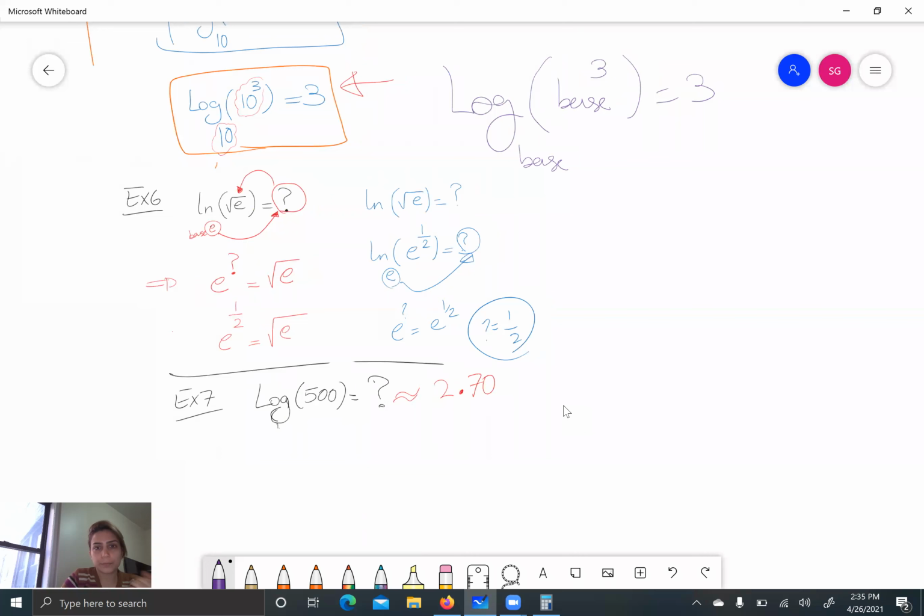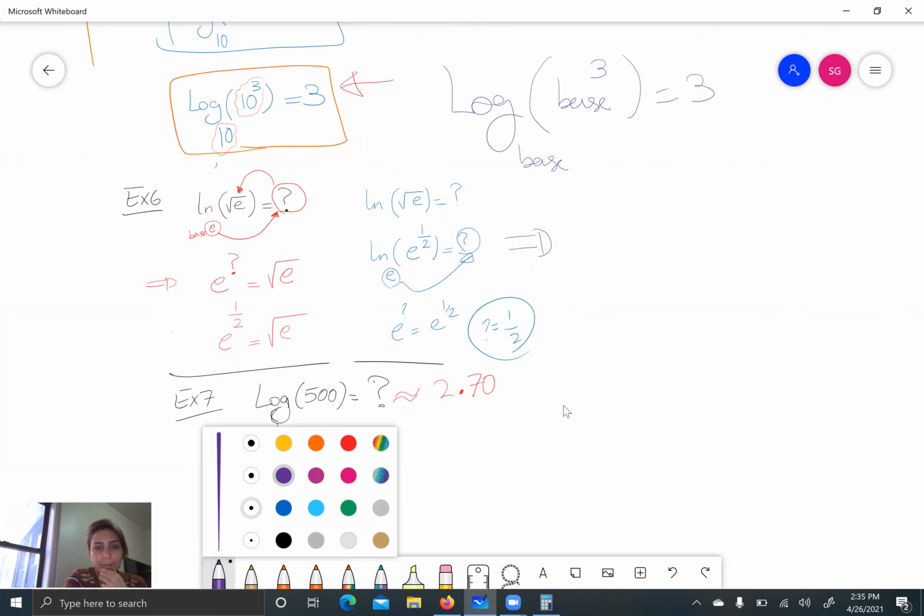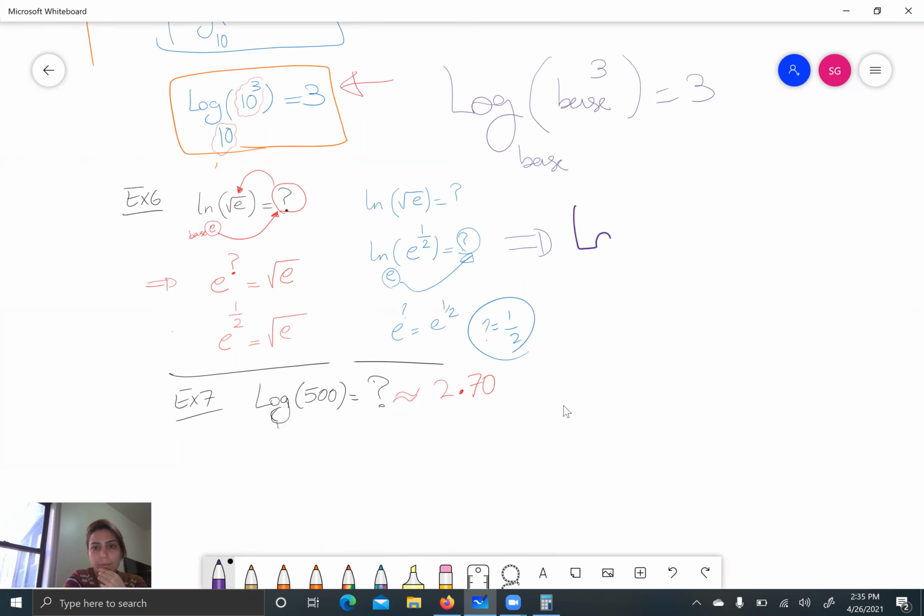Look at this one. Here we have log of, what is the base? Base is e. And inside we also have e to the power of half. So this base, which is e, is the same as the base of the input value, and the power is half, so the answer is also half. Do you see the pattern?